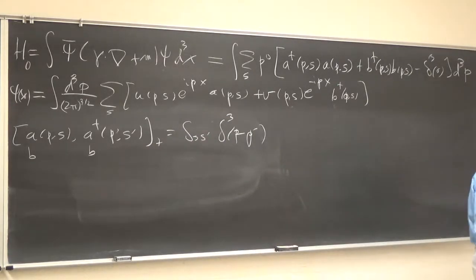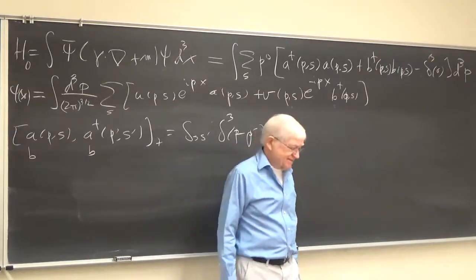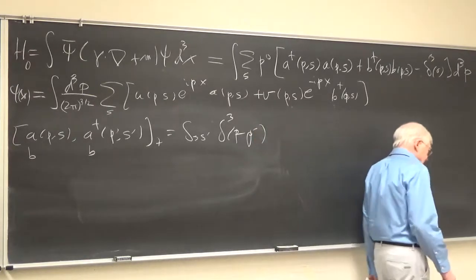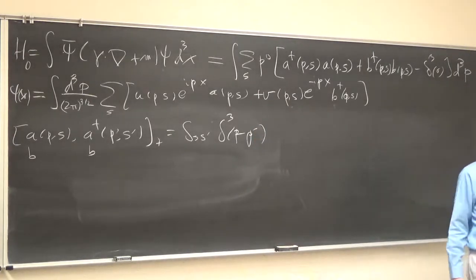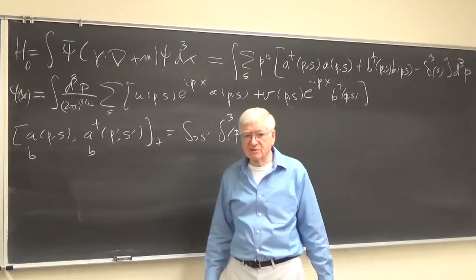The problem with this solution to the problem of infinities is that there's been no experimental evidence in the half century or so since supersymmetry was invented, there's no experimental evidence in support of supersymmetry.